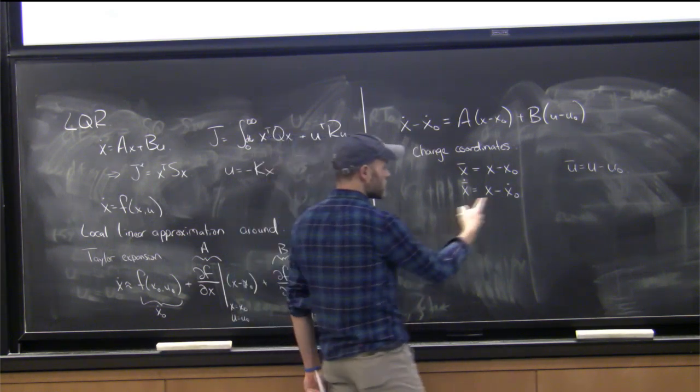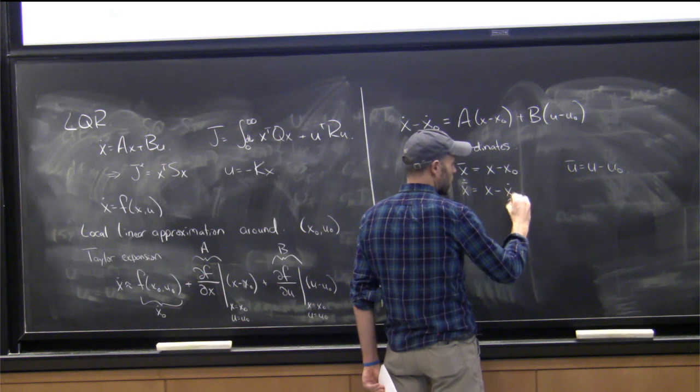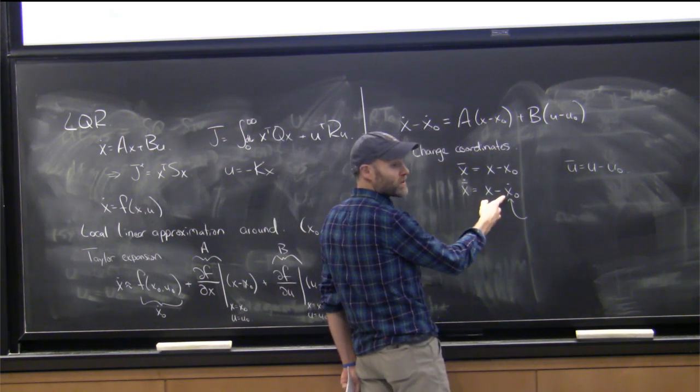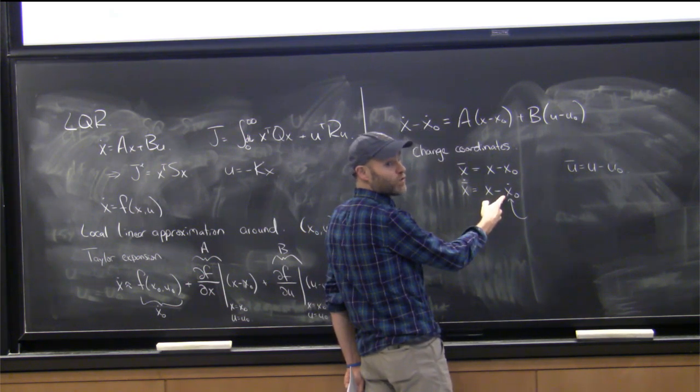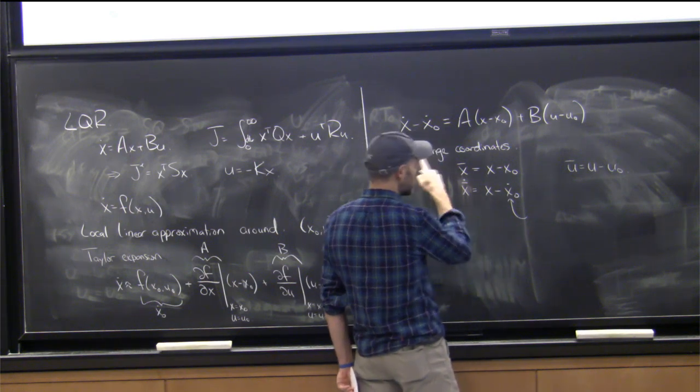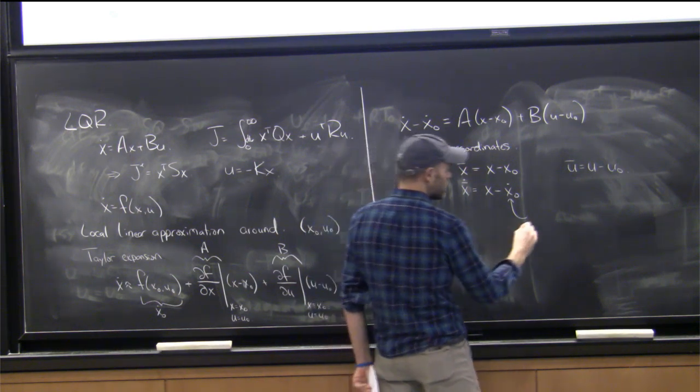But to be fair, that's sort of a weird thing. If your coordinate system is changing over time, to think of it as a coordinate change, you'd want this to be 0.